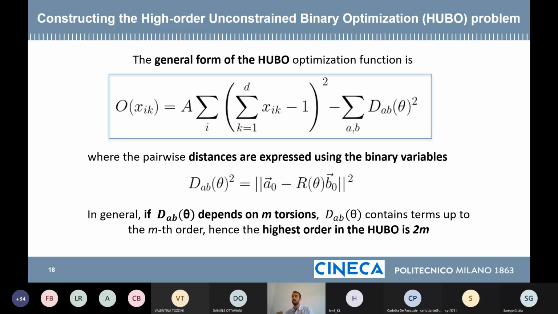So at the end, you can always go from a HUBO formulation to a QUBO formulation by splitting higher order terms into sums of linear and quadratic terms. That is always possible to do, at the cost of increasing the number of variables. So you have to introduce ancillary variables.